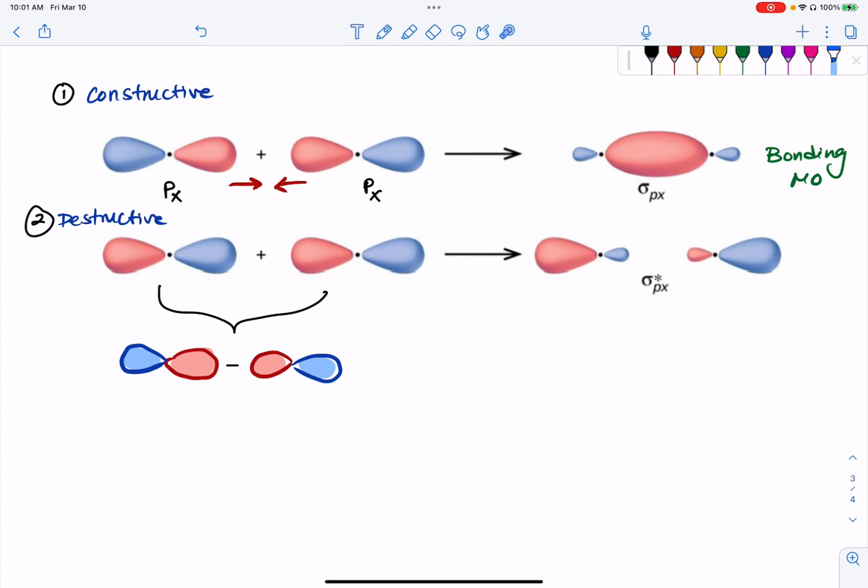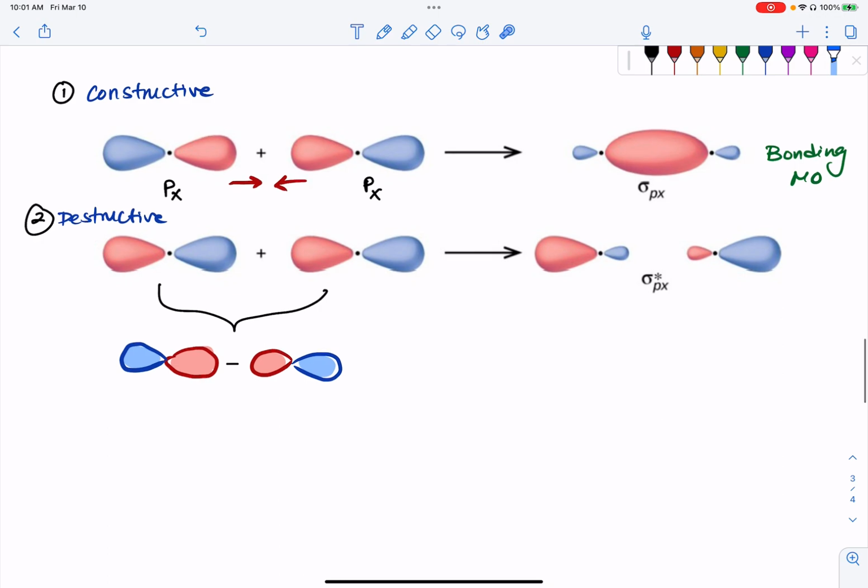So notice we've got red, blue, instead of red facing red here. This is why they're treating this like a plus in this image. So it is still a head-on combination. It's just a destructive combination or an anti-combination forming our anti-bonding sigma px MO.